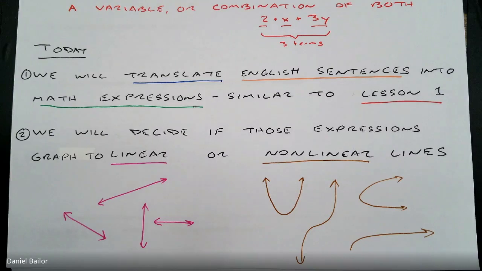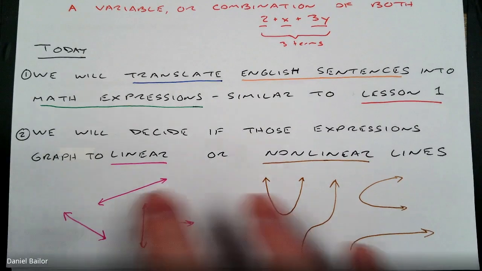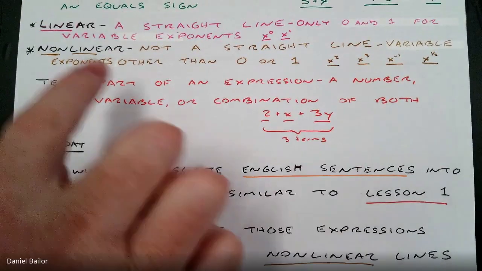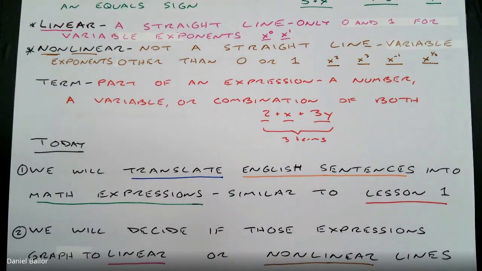But today we're going to decide linear or nonlinear without graphing, just looking at the expressions. We're going to make some expressions, and we're going to use our definitions of linear and nonlinear to decide.